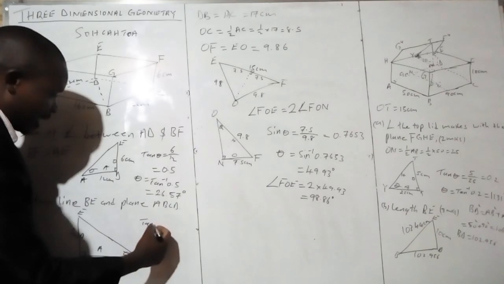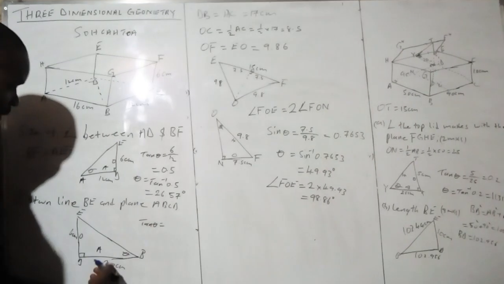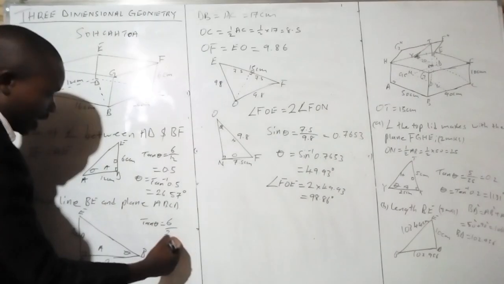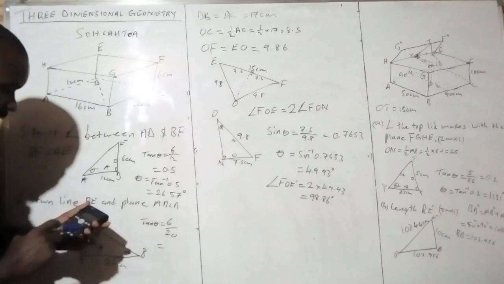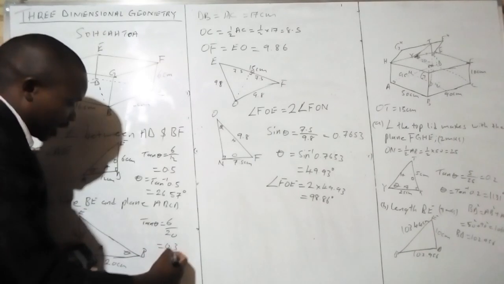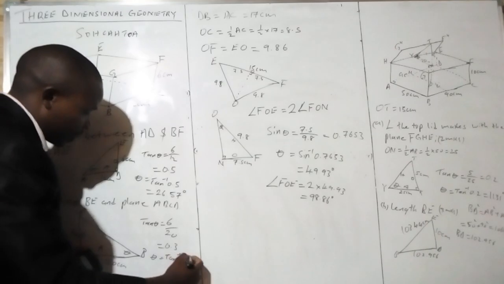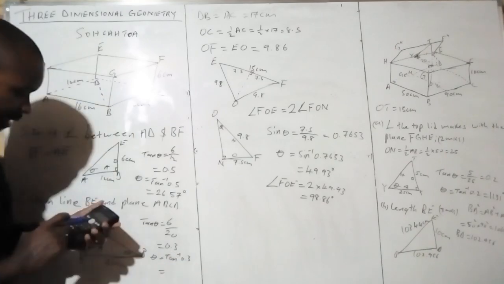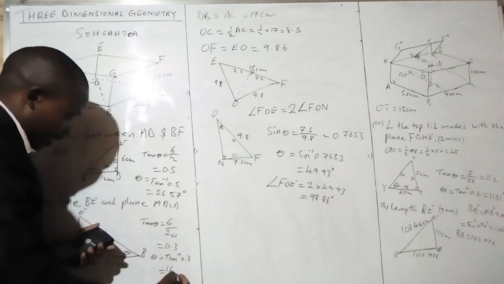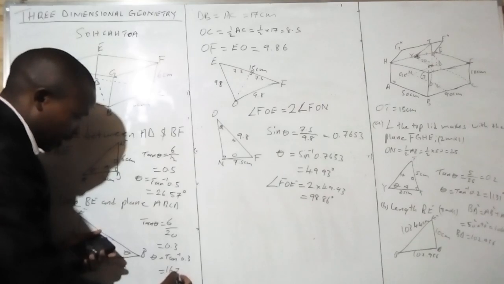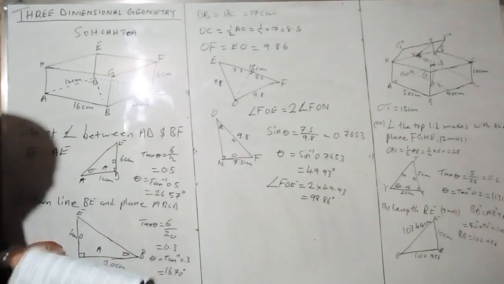Tan theta is equal to opposite 6 over adjacent 20. 6 divided by 20 is equal to 0.3, and theta is equal to anti-tan 0.3. Anti-tan, the answer is equal to 16.70 degrees. That should be the correct answer, and you scoop 3 marks like this.